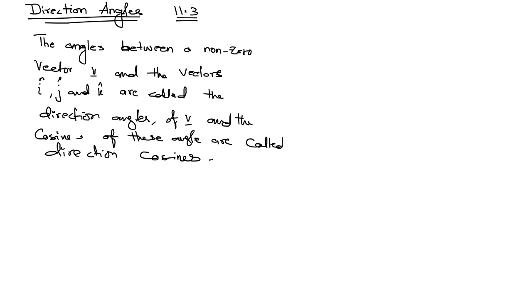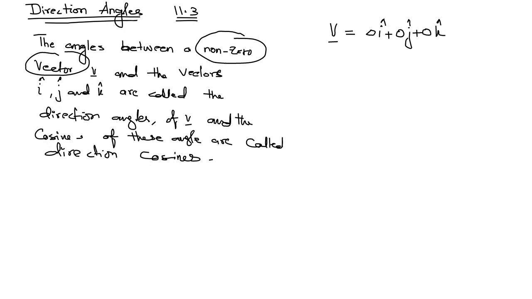Okay, so what is meant by this? If you have a three-dimensional case, a non-zero vector means, if I say a vector v equal to 0i plus 0j plus 0k, this is a zero vector. Non-zero means any one of the components should not equal zero.